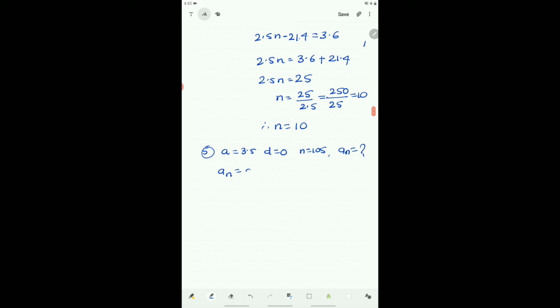AN is equal to A plus (N minus 1) into D. That is, A is 3.5 plus N is 105 minus 1, D is 0. That is 3.5 plus 104 into 0, which is 0. So, AN is equal to 3.5.